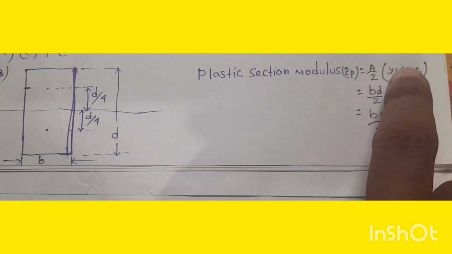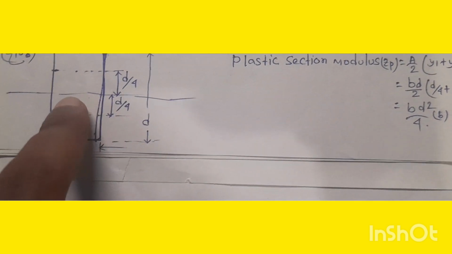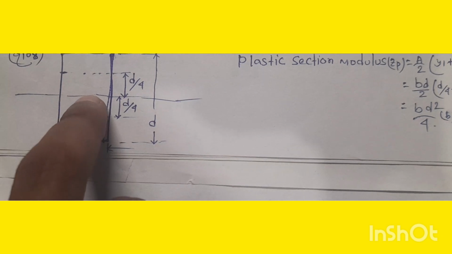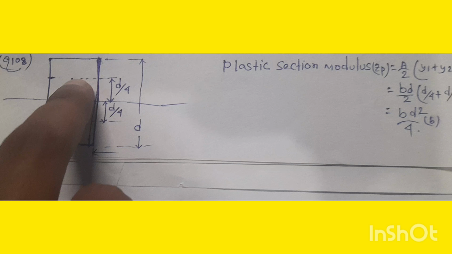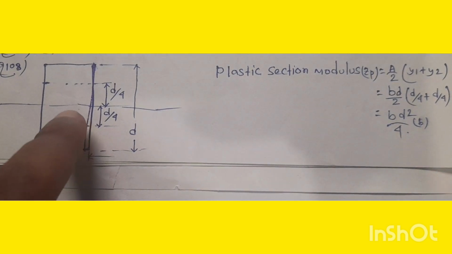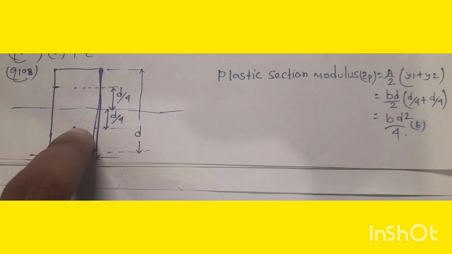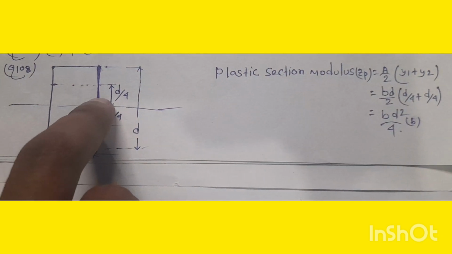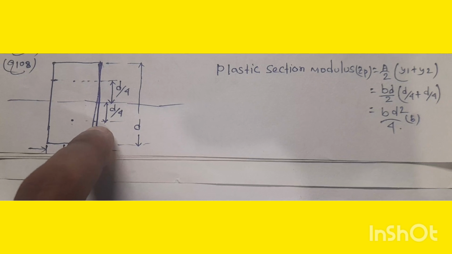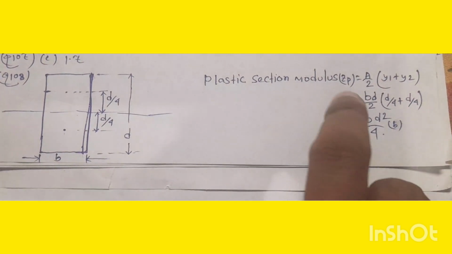What is y1 and what is y2? Y1 is the distance between this neutral axis and CG of this portion, and y2 is the distance between the neutral axis and the CG of this bottom portion. So this distance will be D by 4 and this distance will also be D by 4.